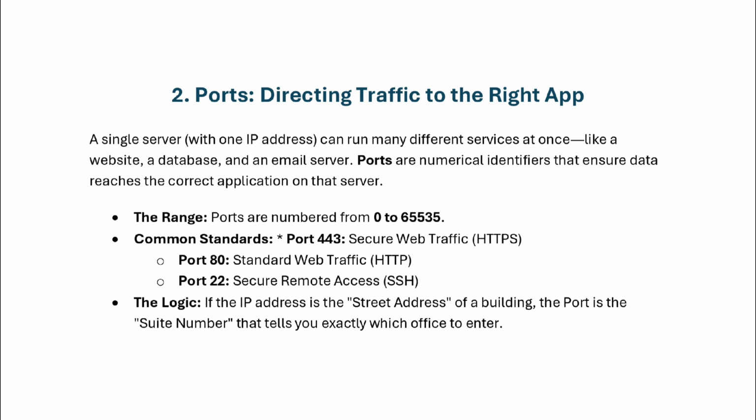Now that we understood DNS and what an authoritative server is, let's understand what ports are. A single server with one IP address can run many different services at once, like a website, a database, and an email server. Ports are numerical identifiers that ensure data reaches the correct application on that server.